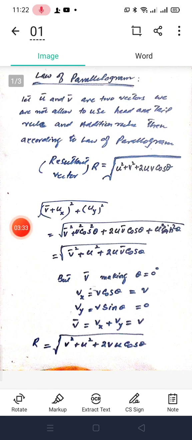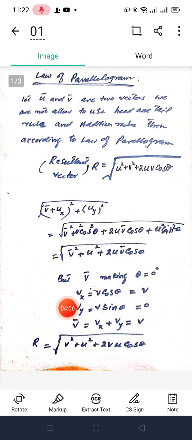Therefore, what should be our vector according to the parallelogram law? Now Pythagoras theorem says that the square of the hypotenuse is equal to the square of the base plus the square of the perpendicular.